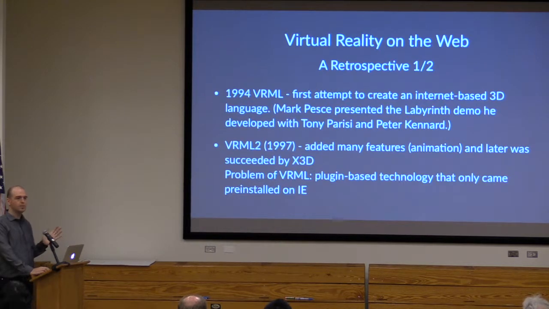It was the first start to describe 3D content on the internet, which was a great concept, spearheaded by Tony Parisi and Mark Pesce and Peter Kennard. They created a labyrinth demo for walking through a labyrinth in a browser. That was Netscape at that time. The problem with that was it's all plugin related. It's just like Flash, you need to install a plugin to experience it, something that wasn't standardized.